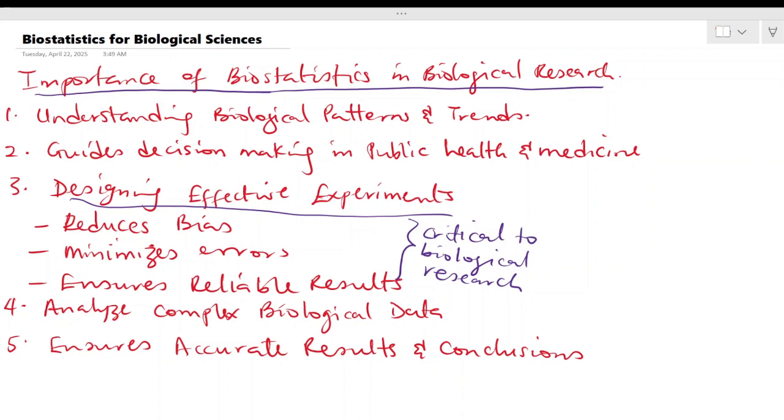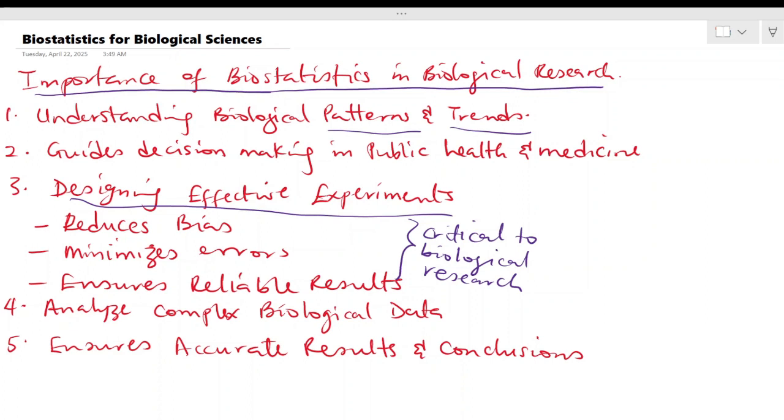All right, what's key in point number one is patterns and trends. What that implies is that biostatistics allows researchers to identify patterns and trends within biological data. For example, biostatisticians help scientists track how a disease spreads within a population or how different environments affect species growth.